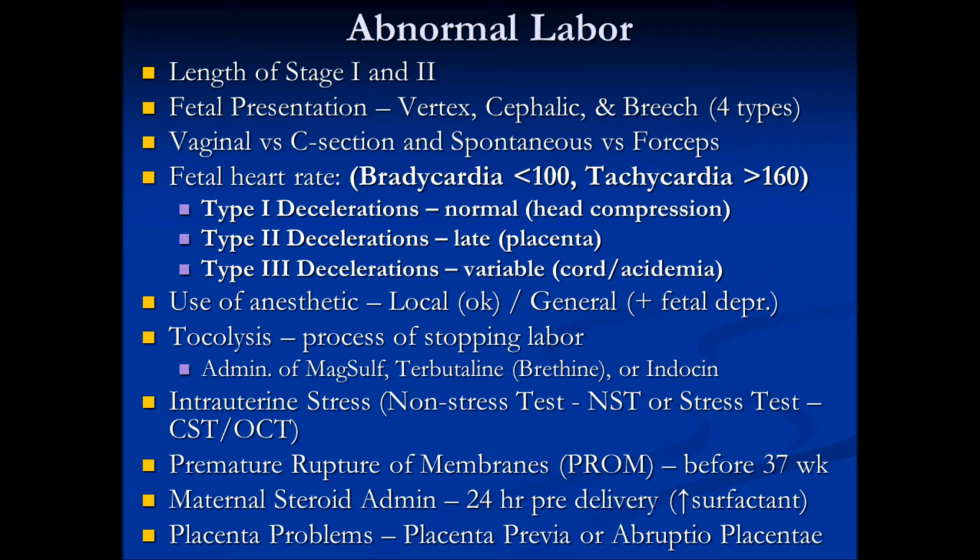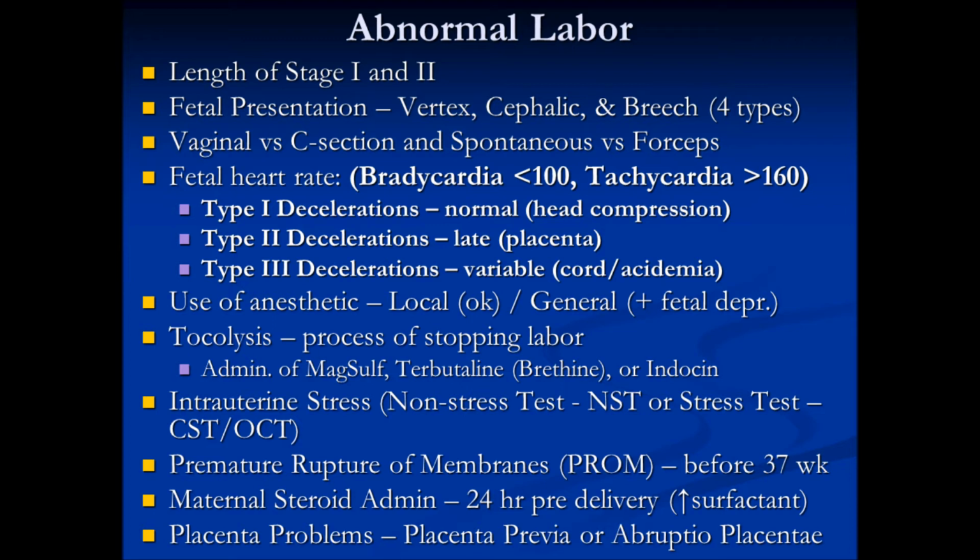So I need to mention about tocolysis. There are drugs that will inhibit prostaglandin synthetase, such as indocin or indomethacin, but adverse fetal effects seen with indocin use include constriction of the ductus arteriosus, pulmonary hypertension, reduced urine production, and sometimes even small bowel perforation.